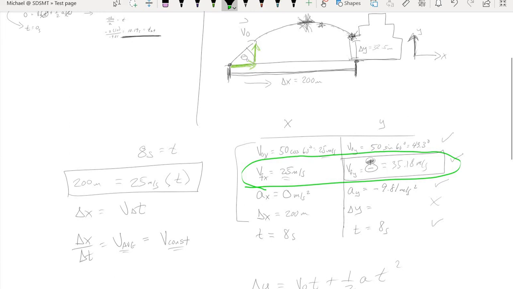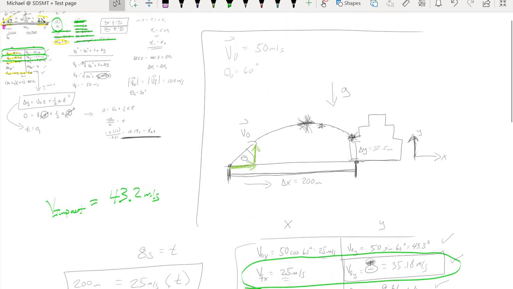The impact velocity of this payload when it hits the castle is only about 43.2 meters per second, whereas when we launched, the velocity was 50 meters per second.